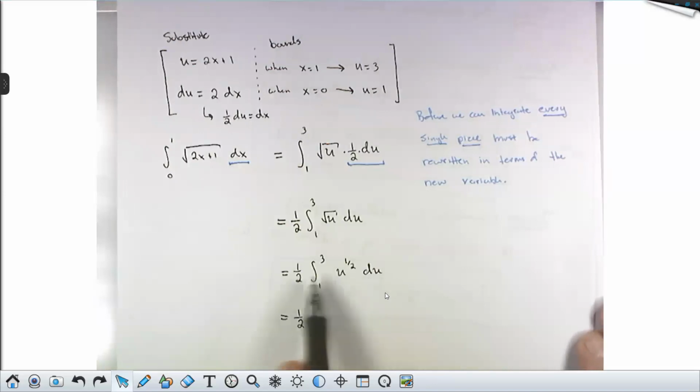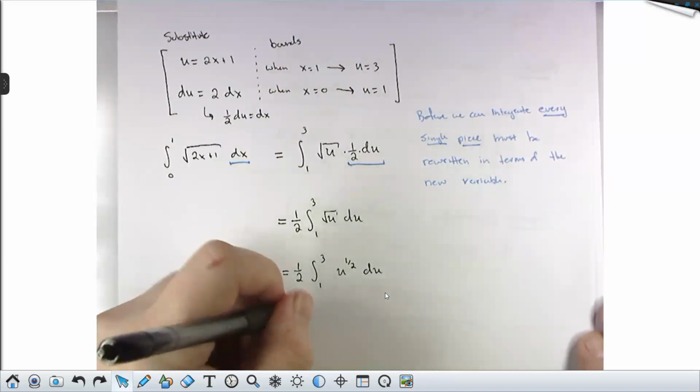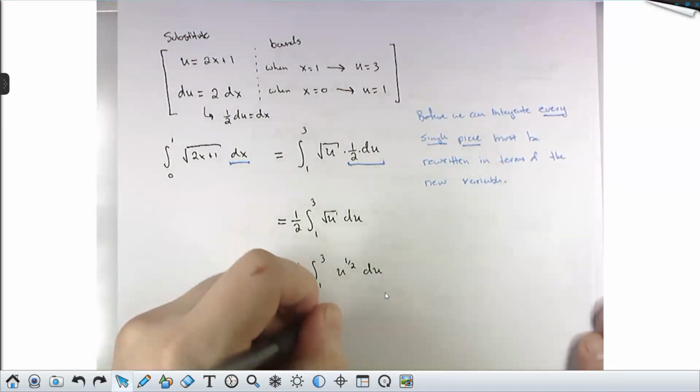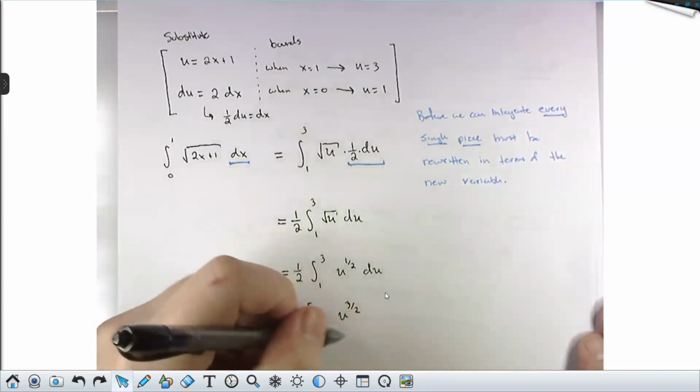When we take our antiderivative, the integral symbol and the du go away, and they get replaced by these brackets. The power rule says if you just have some variable to a power, the way you find an antiderivative is you add 1 to that power and divide by the new power. So if I add 1 to 1/2, I get 3/2. And then I would divide by 3/2.